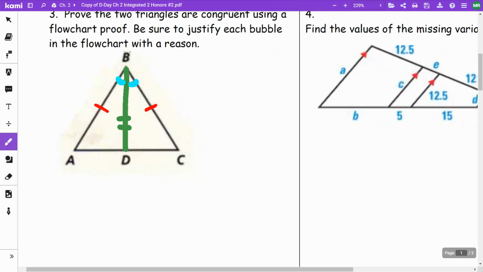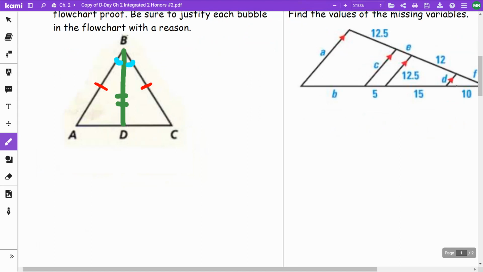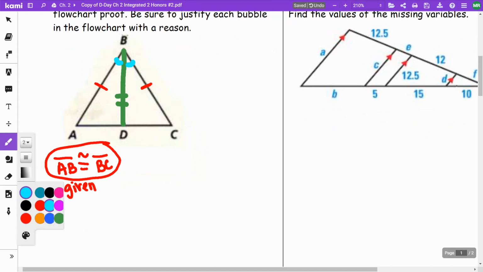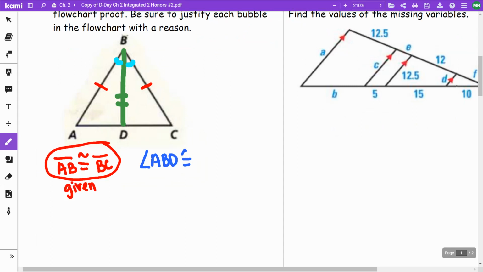So I'm going to say, let me do it down here, that line segment AB is congruent to line segment BC, given. I'm going to say angle, and I cannot call that angle B, I'm going to call it angle ABD is congruent to angle CBD, given.